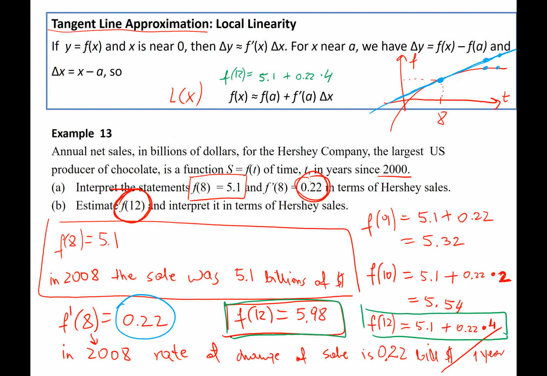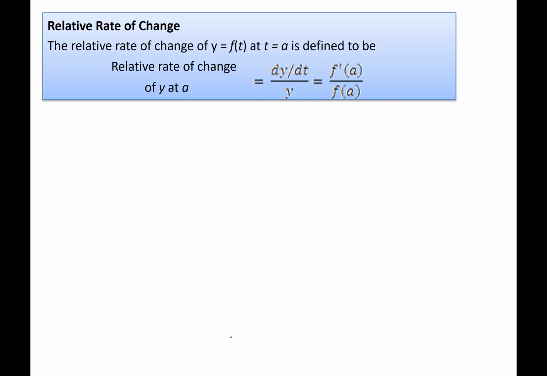I think I have one more question and we will be done. The last question, also important this week, is the relative rate of change. That means not just the rate of change. I think now you're so confident. Relative rate of change is just the ratio. We compute the rate of change, like a derivative, and find out how it is related to the actual value.